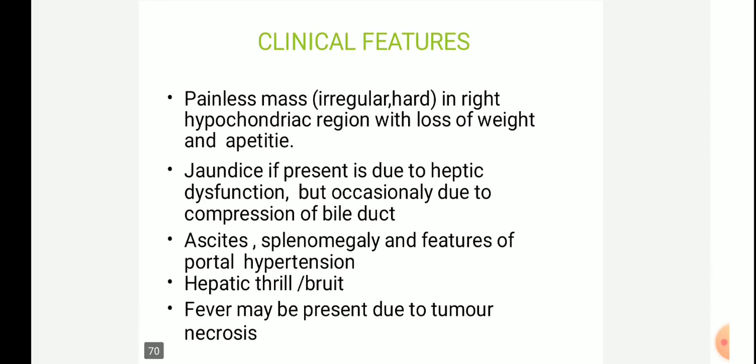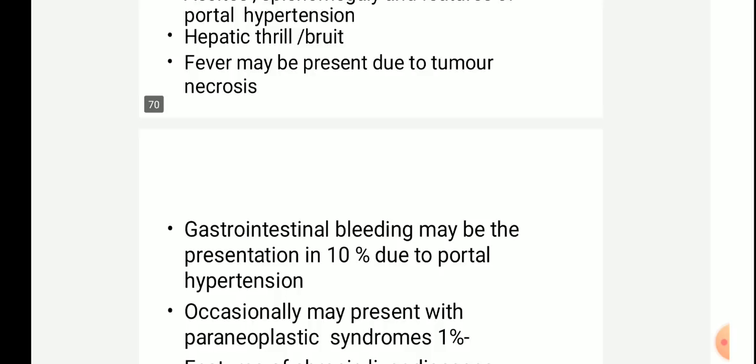Clinical features: painless mass in the right hypochondriac region with loss of weight and appetite. Jaundice, if present, is due to hepatic dysfunction, ascites, splenomegaly, features of portal hypertension. There could be a hepatic thrill, that is, a bruit on clinical examination. Fever may be present due to tumor necrosis.